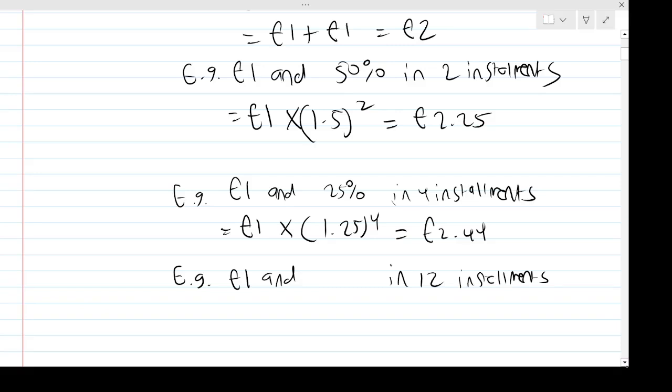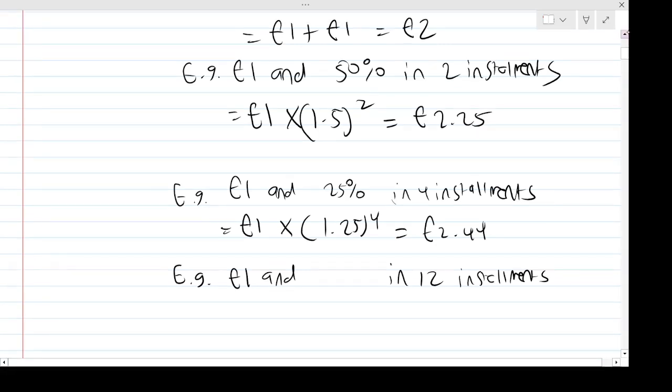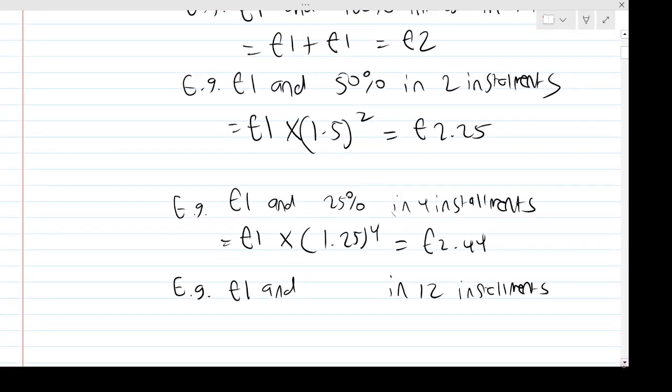I'm going to split 100% into 12. 100 over 12 is roughly 8.33%, so that would be £1 times 1.0833, and that would be 12 times, so that's my interest added on 12 times. If I do that, I get £2.61.